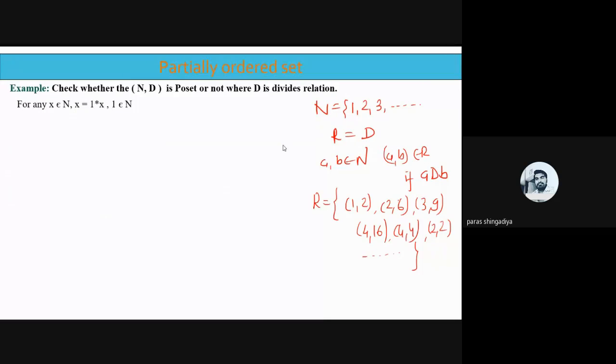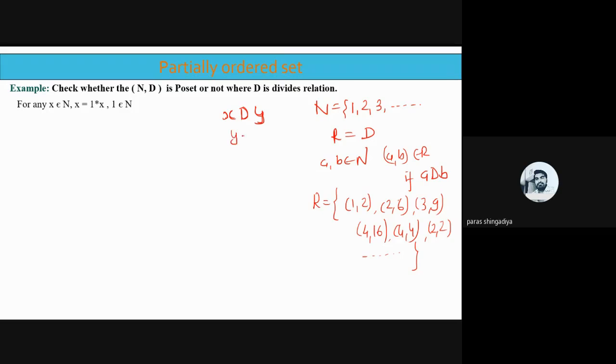For any x belonging to N, you can write x = 1 times x. What is the meaning of that? Here I consider x divides y. What does it mean?